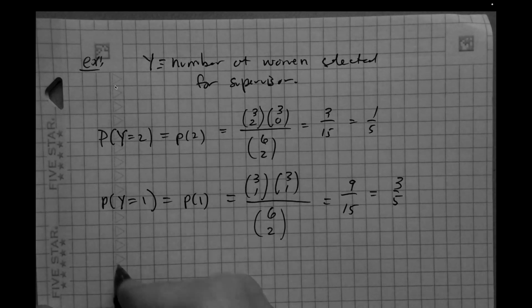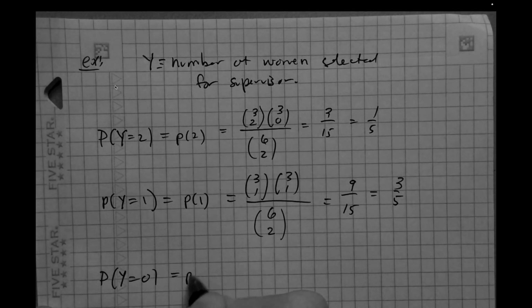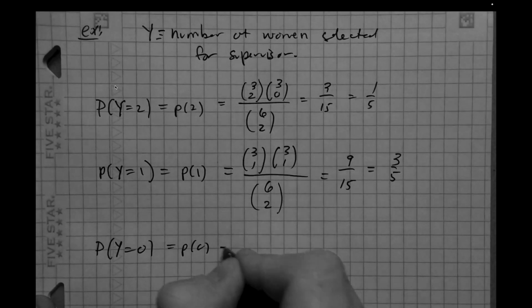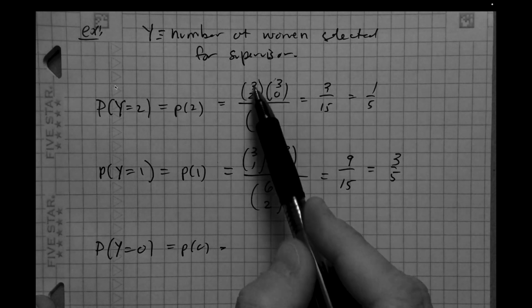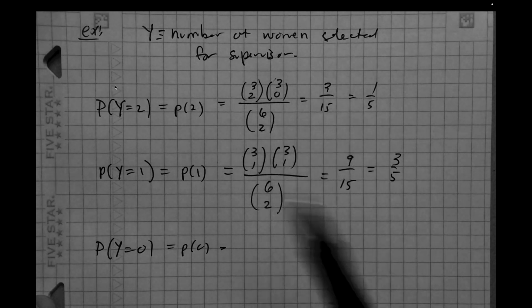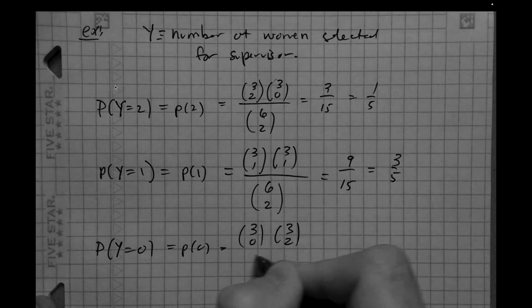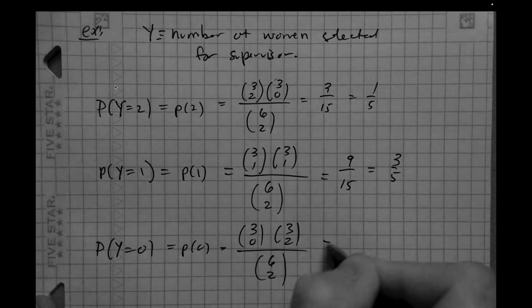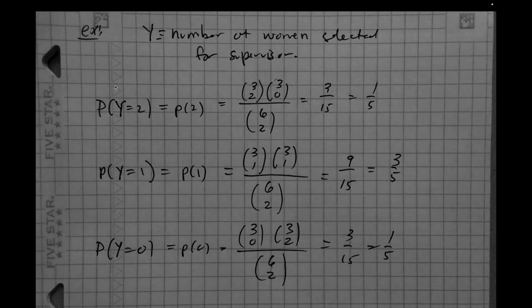What about the probability that y is equal to 0? That's the same as the top, isn't it? It's 3 choose 0 for the women, 3 choose 2 for the men, and 6 choose 2 for everybody. So 3 times 1 over 15, which is 3 over 15, equals 1/5.